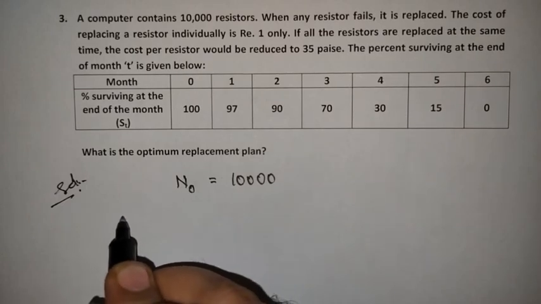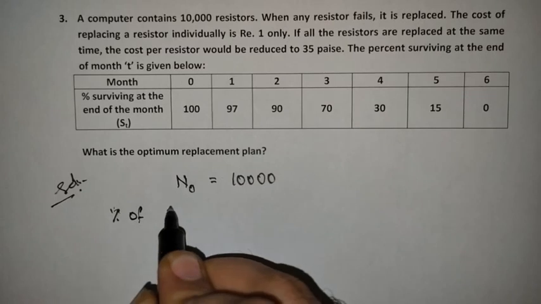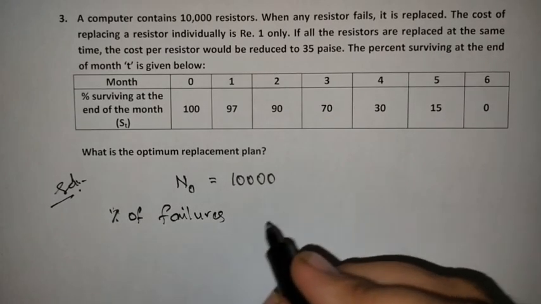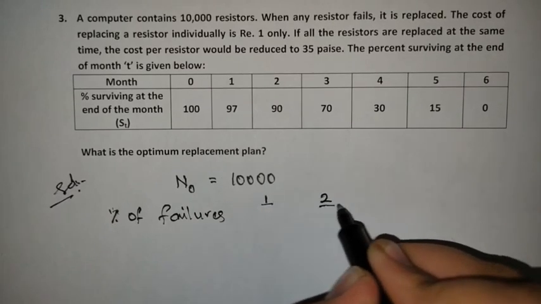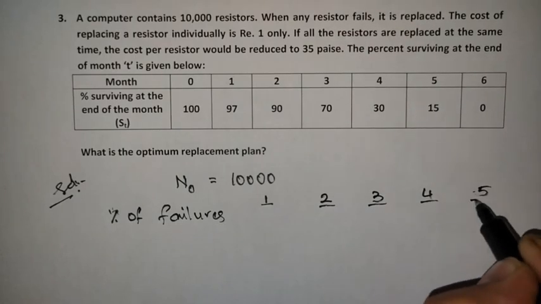First let us find the percentage of failures in first month, second month, third month, fourth month and fifth month.